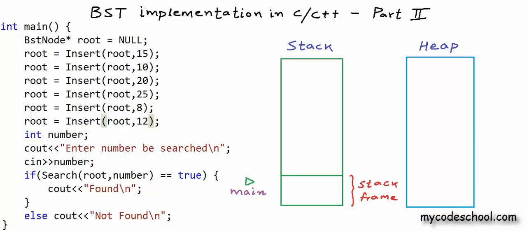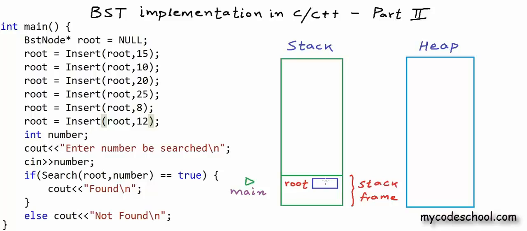All the local variables and the state of execution of the function call would be stored in the stack frame of the function call. In the main function we have this local variable root, which is pointer to BST node. So I'm showing root here in this stack frame. We will execute the instructions sequentially. In the first line in main function we have declared root and we are initializing it and setting it as null.